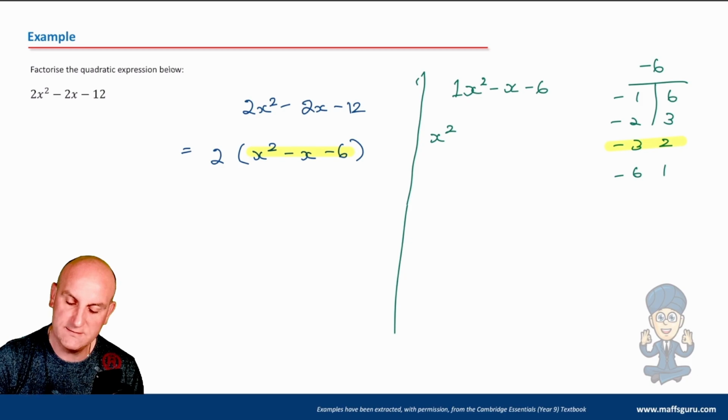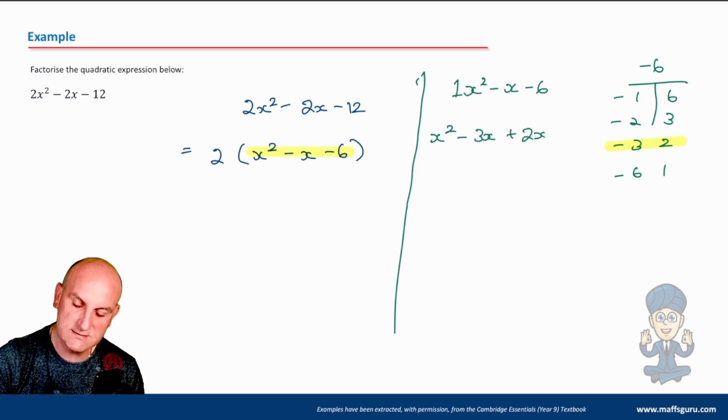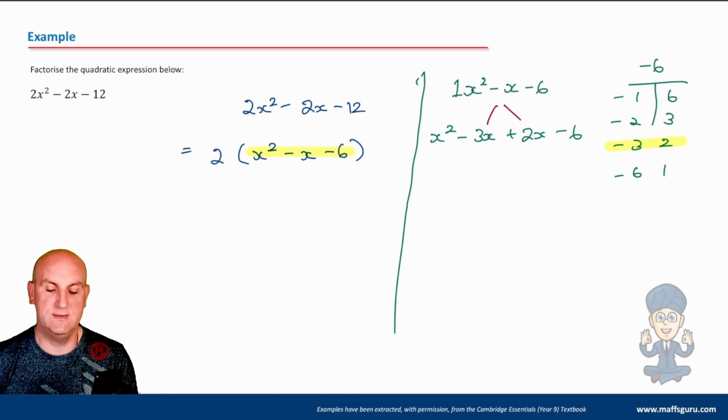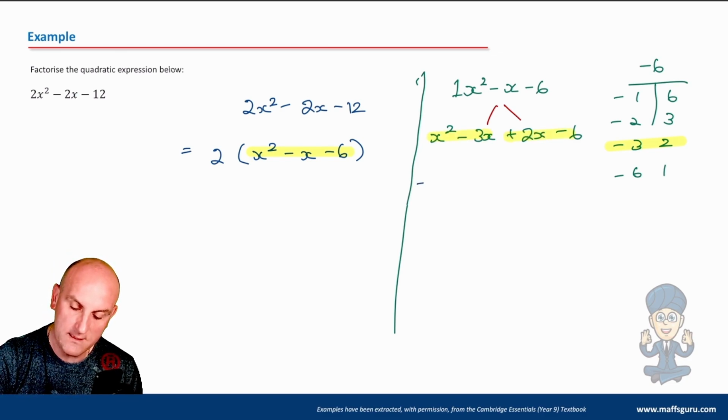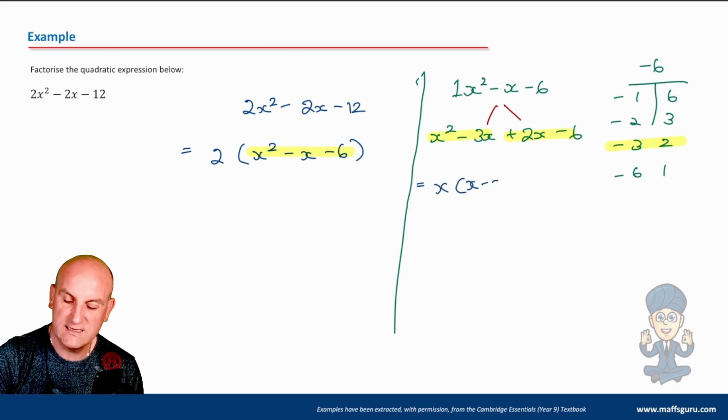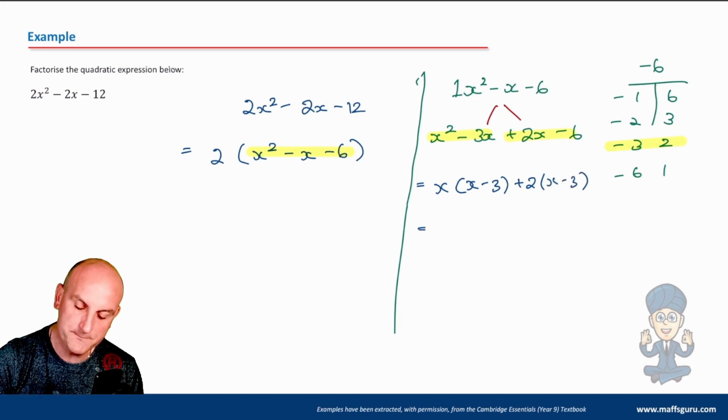So I have x squared minus 3x plus 2x minus 6. Again, all we're trying to do by doing that is split that middle term into 2 so that we can group and group again. All right, so let me see. What have we got here? So we've got x minus 3. Take out a highest common factor of 2. Gives me x minus 3.